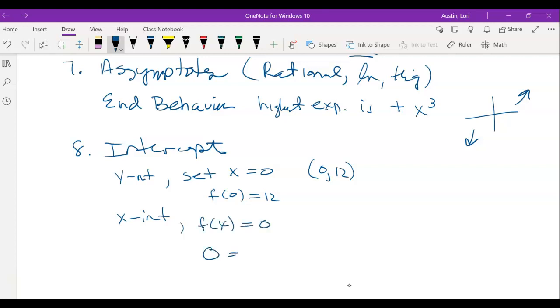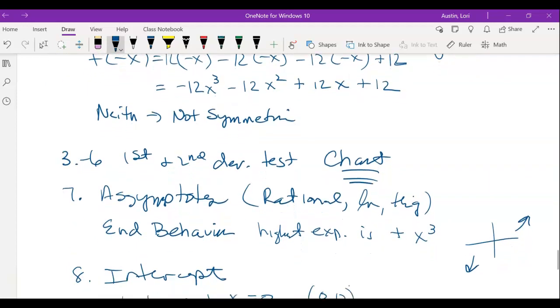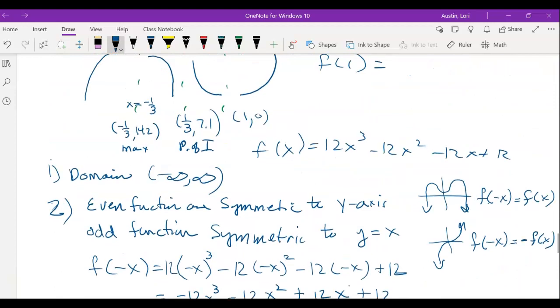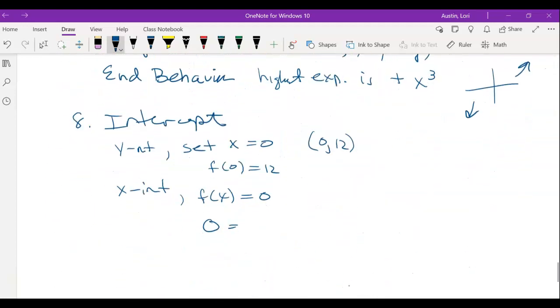So that means 0 equals 12x cubed minus 12x squared, and so on. Good news is, real quick, I can divide everything by 12, right?